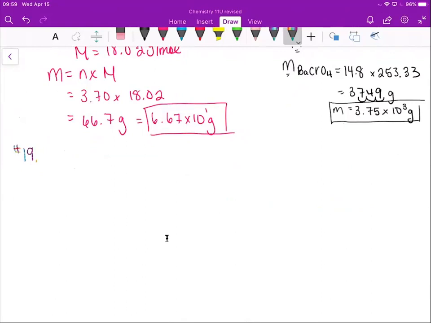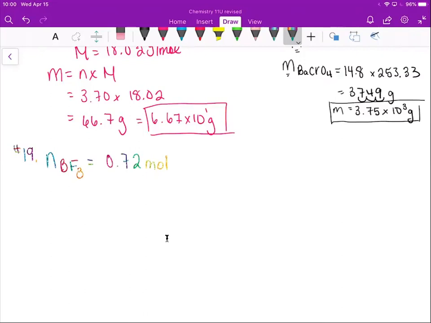Okay, so how many atoms of fluorine are contained in the number of moles of boron trifluoride? So 0.72 moles of boron trifluoride. Okay, so we can change it. It doesn't matter which step you do here.